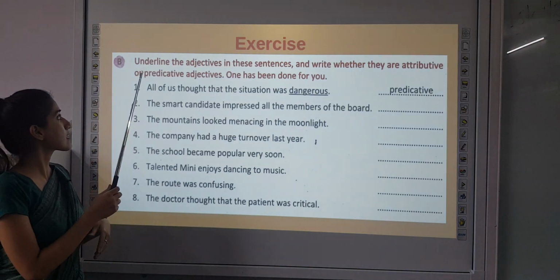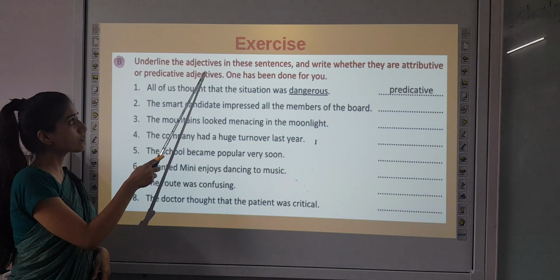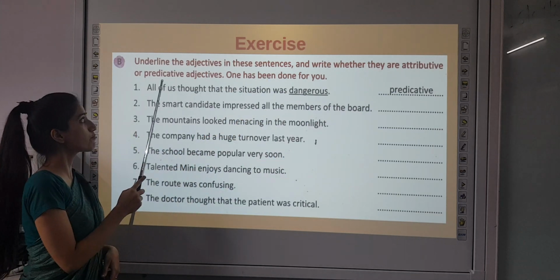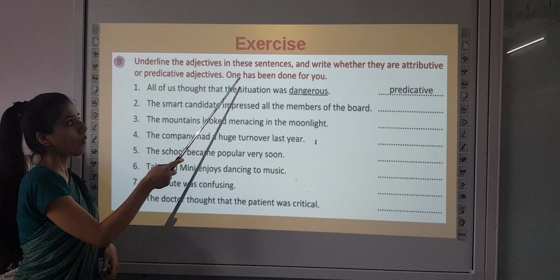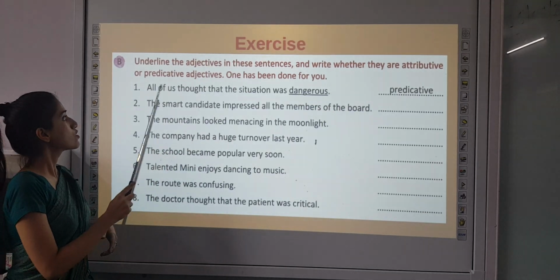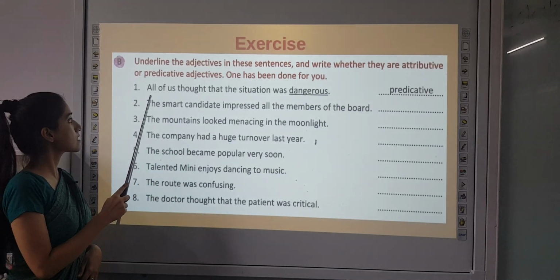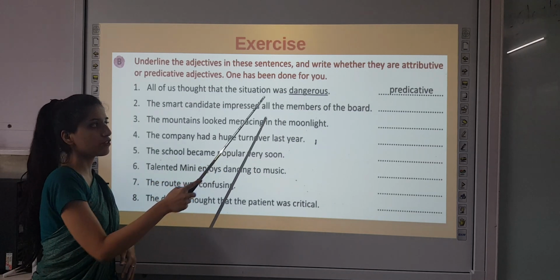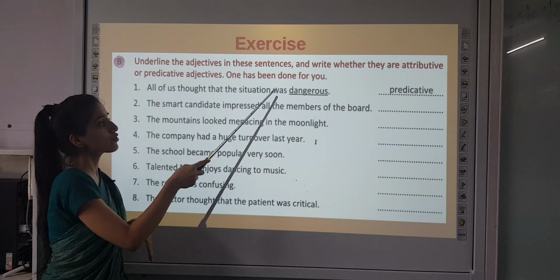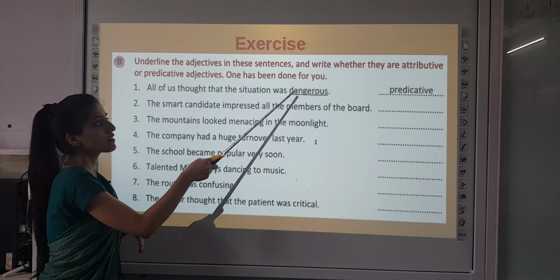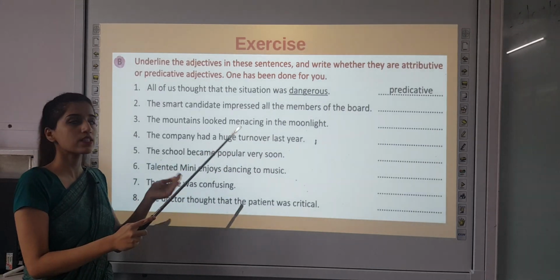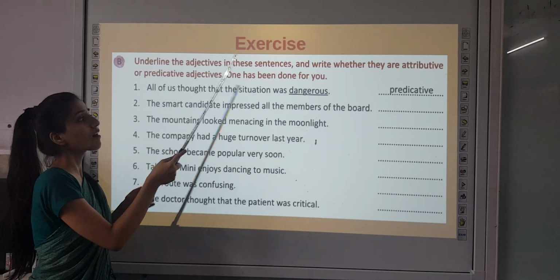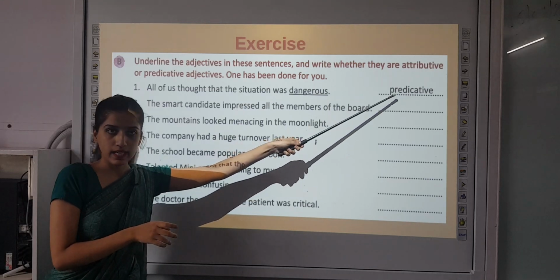So, look at this exercise. Underline the adjectives in these sentences and write whether they are attributive or predicative adjectives. One has been done for you. So, let's look at the first sentence. All of us thought that the situation was dangerous. Here, the word dangerous is the adjective, which is coming after the noun, that is why it is a predicative adjective.